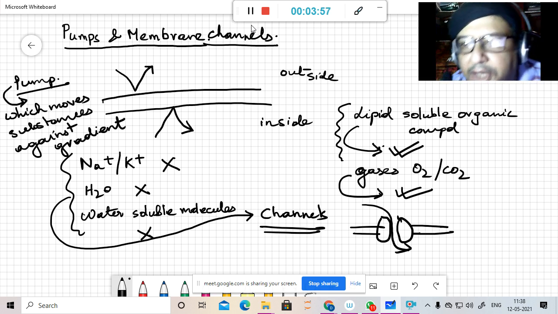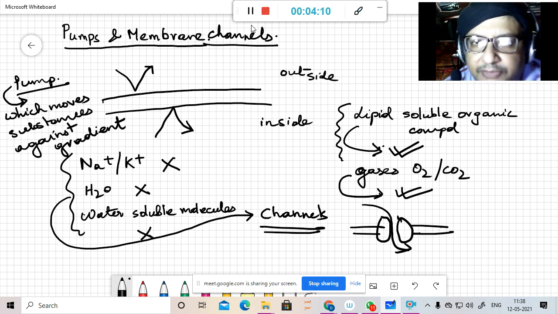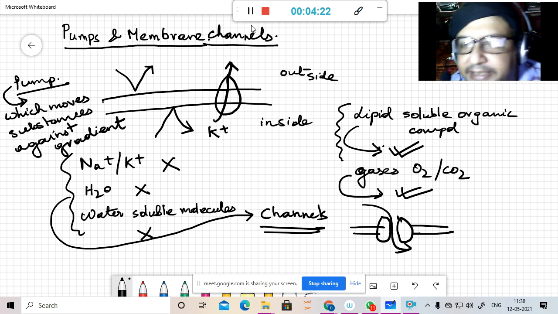For example, the water pump in your house, from the ground floor to the terrace, pushes the water up. So what's the function of a pump here? The function of a pump is to push ions against the concentration gradient to the other side.